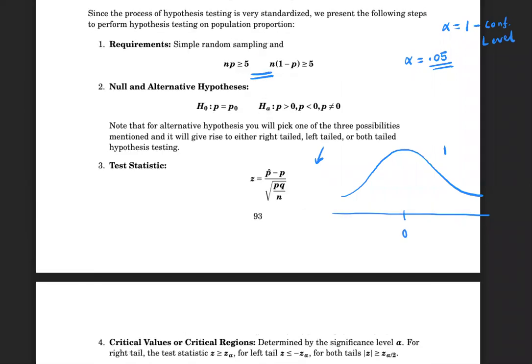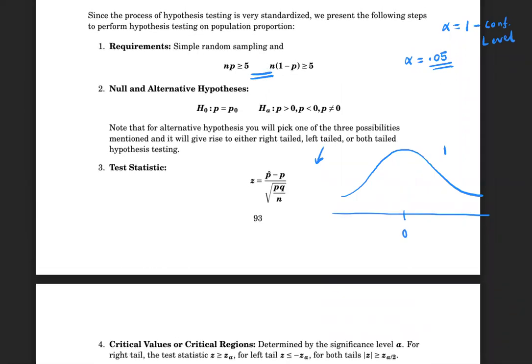Two-tailed means you have to divide it into 2. So alpha over 2, which is 0.05 divided by 2, which is 0.025. So this area to the left is going to be 0.025.